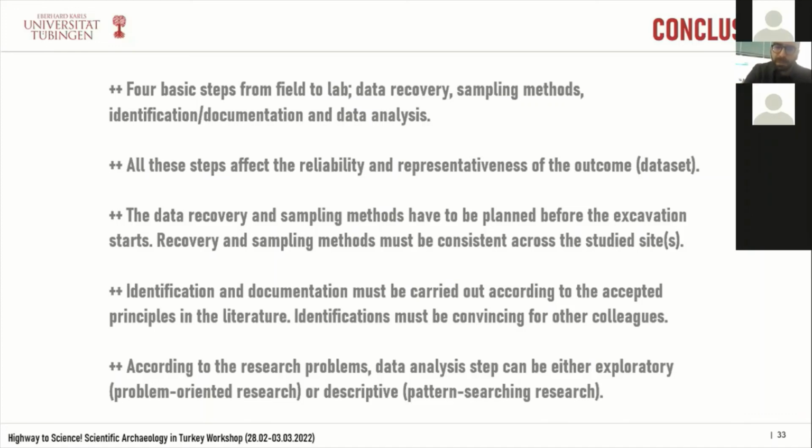Okay, the data recovery and sampling methods have to be planned before the excavation starts. At least you should have some ideas about how you are going to recover your data and how you are going to make the sampling. And also the most important part is that the recovery and sampling methods must be consistent across the studied site.